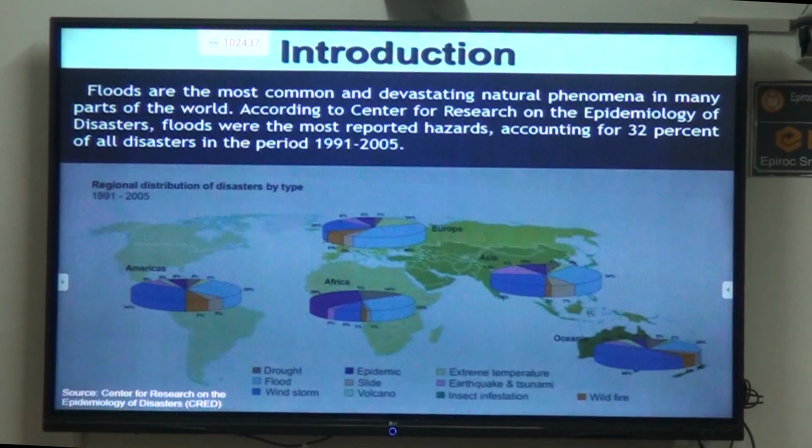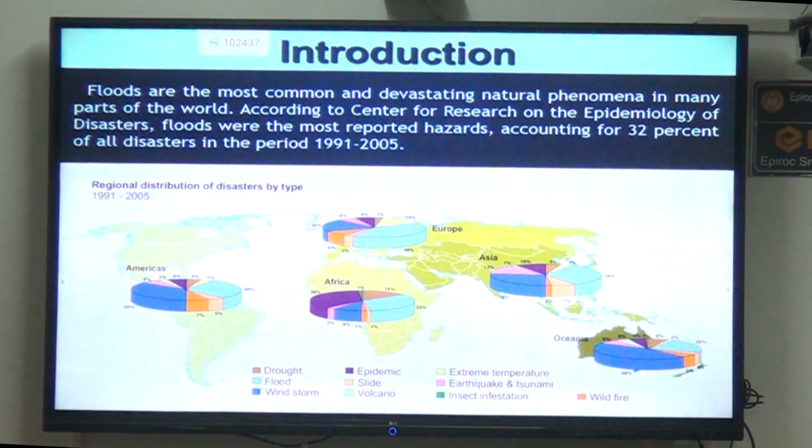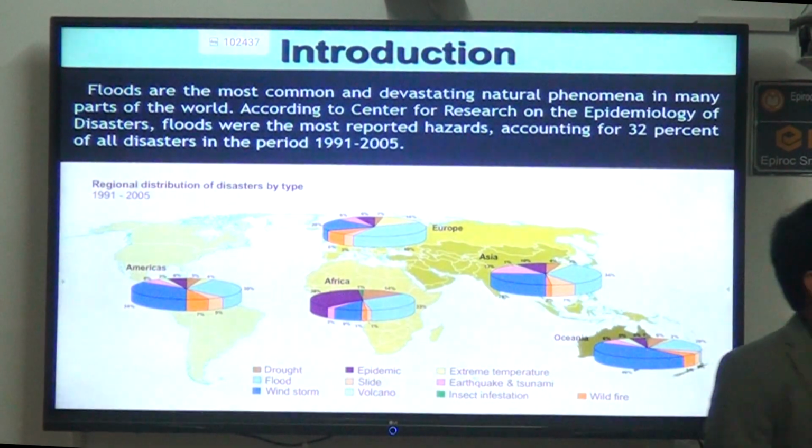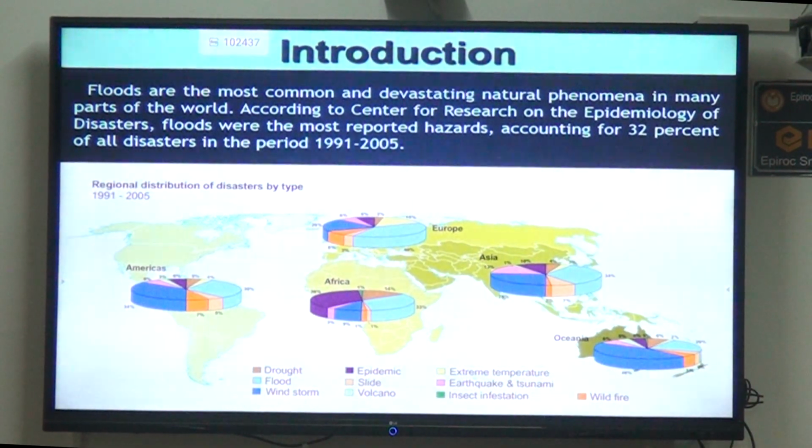We know that flood is a very, very serious hazard. If you look at the reports, among all the disasters that happen, about 30 to 50% occur as floods, especially because of the hydrometeorological patterns.